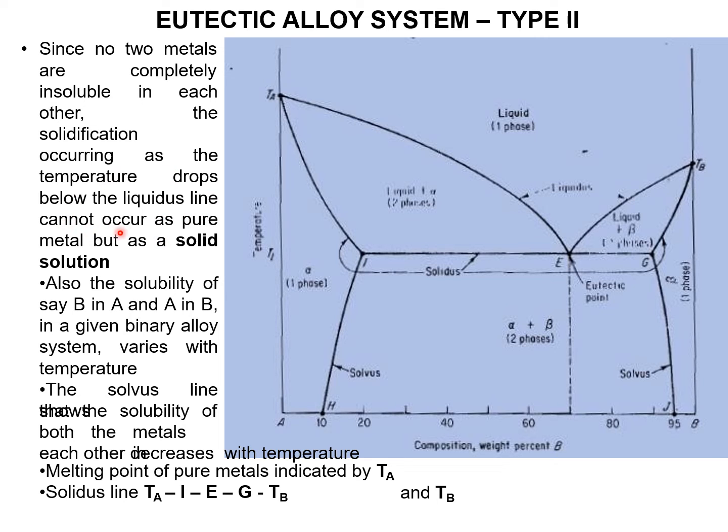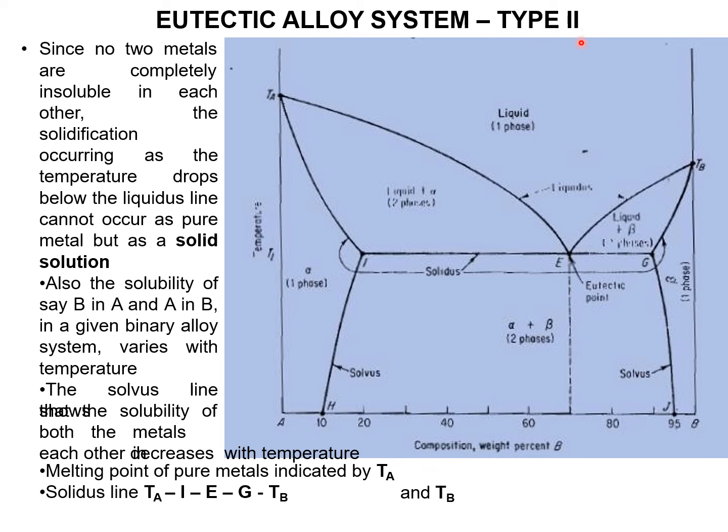Here it is not a pure metal, it is a combination of two metals, called alpha plus beta. So in the eutectic alloy system we call it partial solid solubility. The two metals are completely soluble in the liquid state but partially soluble in the solid state.